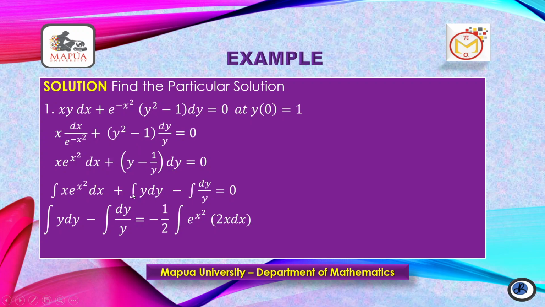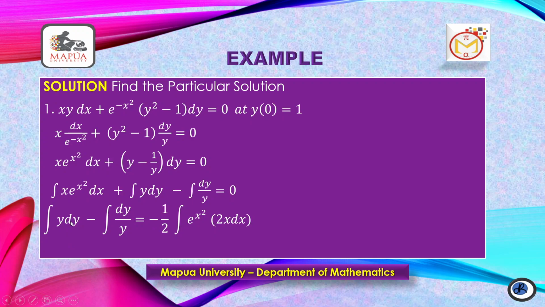Then we can now evaluate. We can evaluate the x e raised to x squared dx. This is simply the integral of e to the u du. And then we have the y dy as a power integral, and of course the dy over y leads to ln. So we might as well combine the y variable on the left side, and on the right side we have the x variable, so we have to change the sign of it.